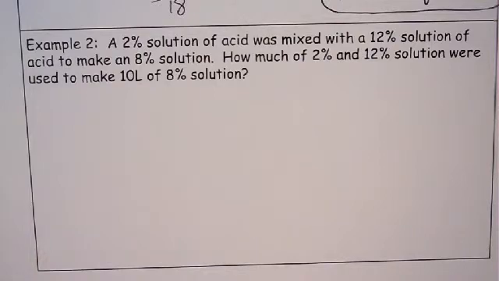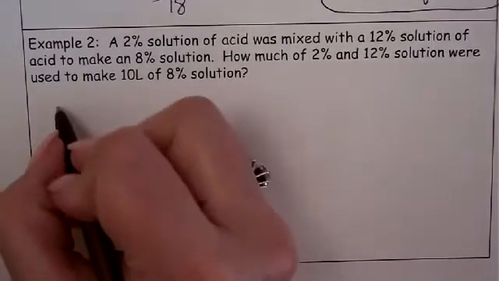How much of 2% and 12% solution were used to make 10 liters of 8% solution? So this is like having a cup of coffee that is way too strong, and you kind of pour in some really weak coffee that's not strong enough, just to get that kind of blend in the middle. That's perfect, okay?